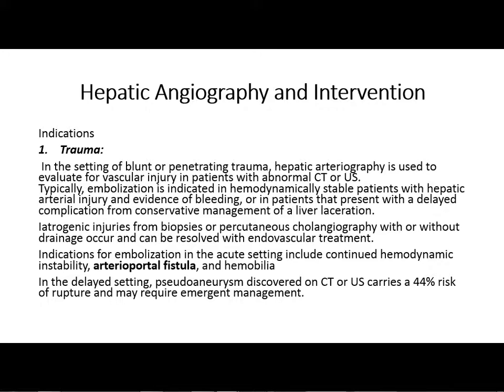Iatrogenic injury from biopsy or percutaneous cholangiography with or without drainage occurs and can be resolved with endovascular treatment. Indications for embolization in the acute setting include continued hemodynamic instability, arterioportal fistula, and hemophilia. In the delayed setting, a pseudoaneurysm discovered on CT or ultrasound carries a 44% risk of rupture and may require emergent management.